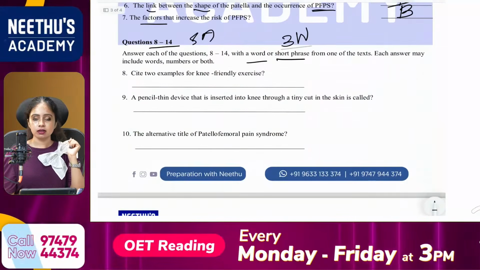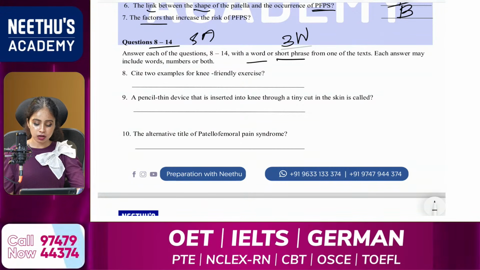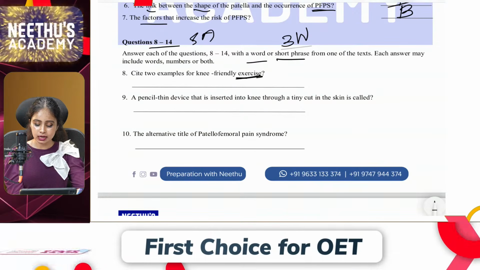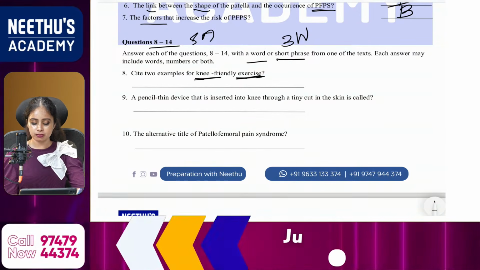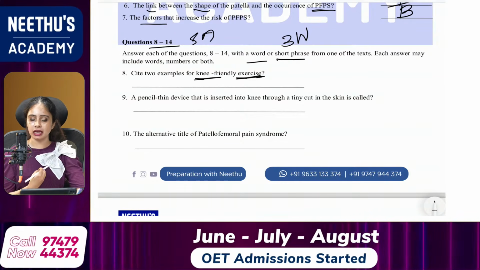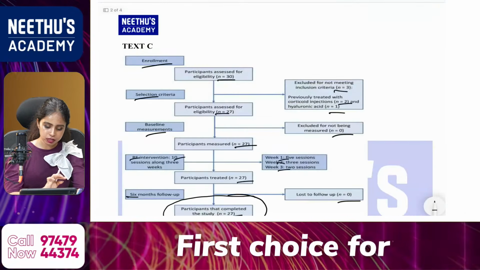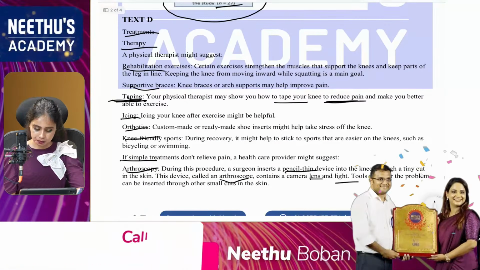Then the next one, eighth one: cite 2 examples for knee-friendly exercise. Exercise is one of my keywords, then knee-friendly. So where have they mentioned knee-friendly exercise? Which is from text D, the treatment.